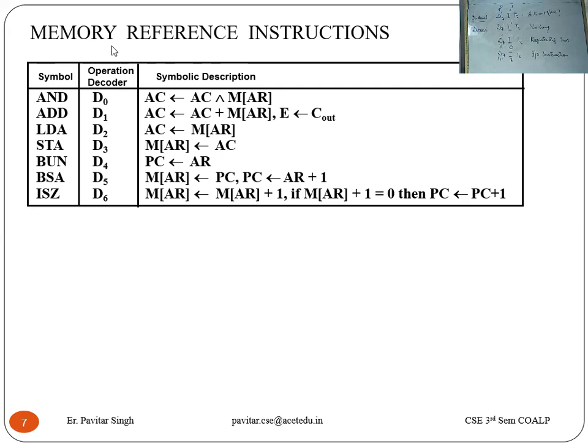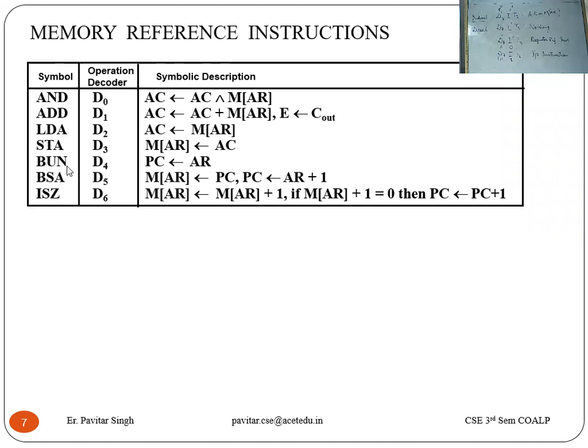So next we have memory reference instructions. Here you can see that D0 to D6 bits will be used for memory reference instructions. That is the reason we haven't included D7 over here, right? That is the reason we have written D7 as 0. So for AND, D0. For ADD, D1. This is your LDA, load accumulator, D2. Then you have STA, store accumulator, D3 will be used.